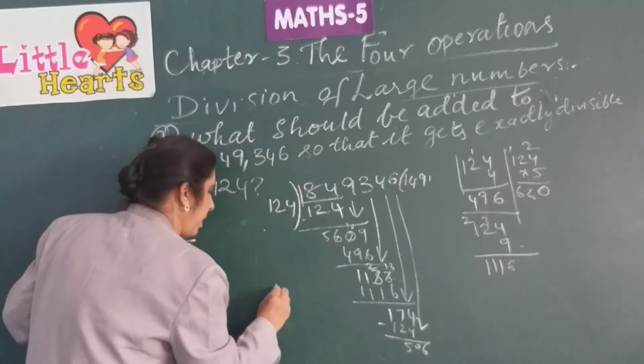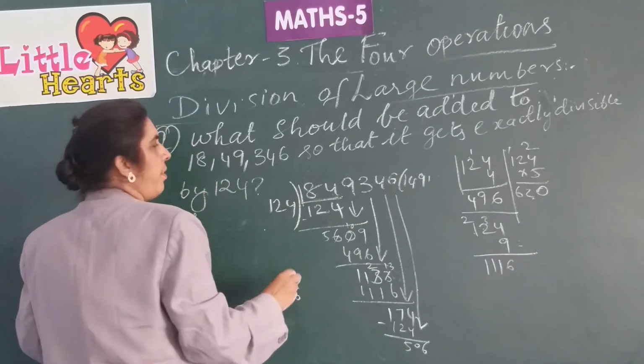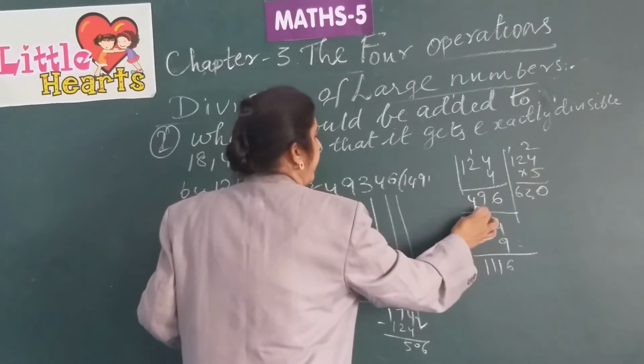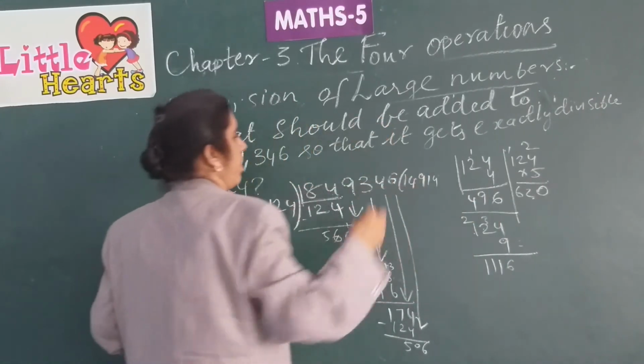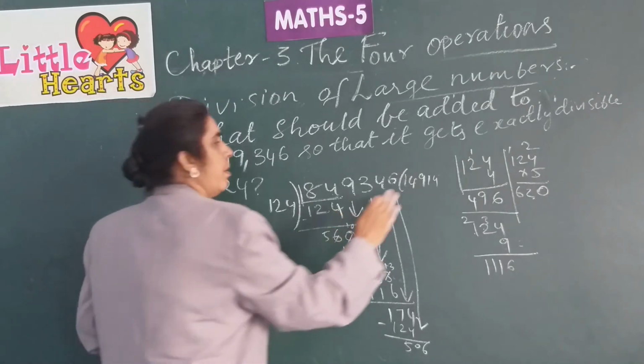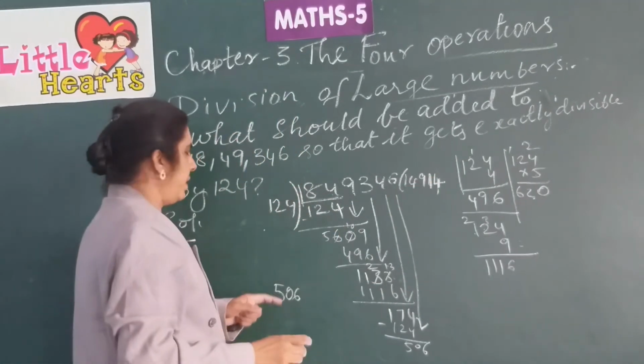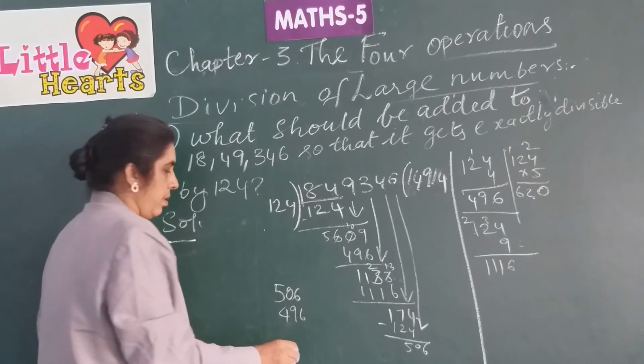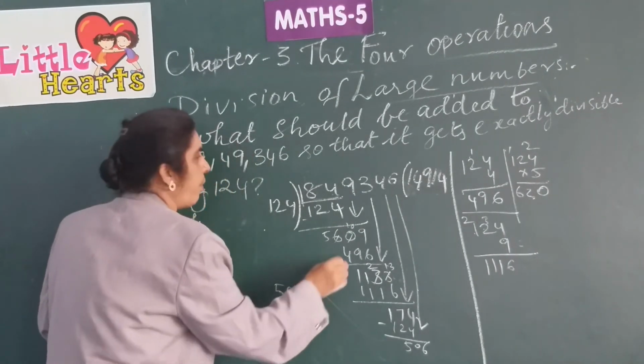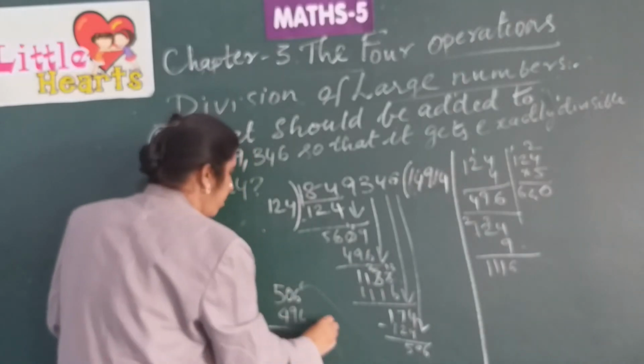So 506. 124 fours are 496. Continue the division here. 124 fours are 496.